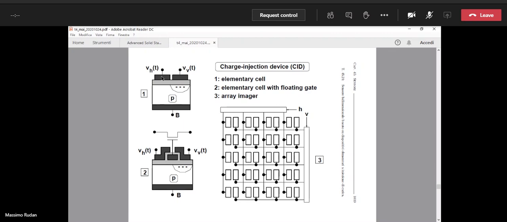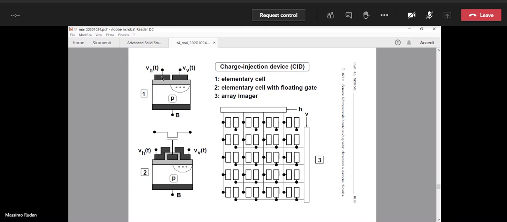And when the charge crosses the channel, the floating gate goes high and switches on the channel of the transistor. So we can read a signal in the transistor just because the charge in the CID has made the transition from right to left or vice versa.